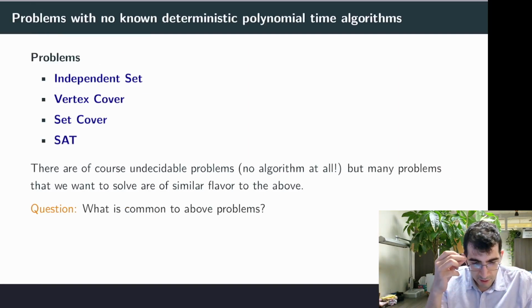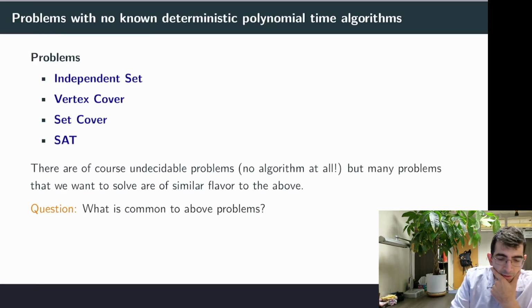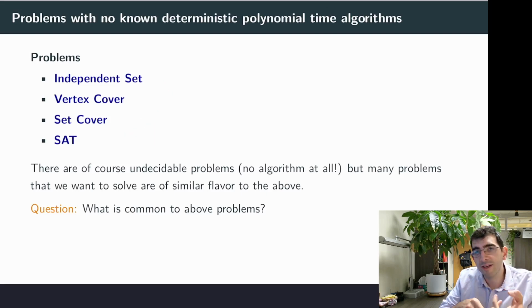So problems with no known deterministic polynomial time algorithms include the two problems we discussed in the reductions lecture: independent set and vertex cover. Also set cover, which is very similar to vertex cover, and SAT. These problems all don't have an efficient solution, but they have an inefficient solution, right? They could all be solved using brute force.